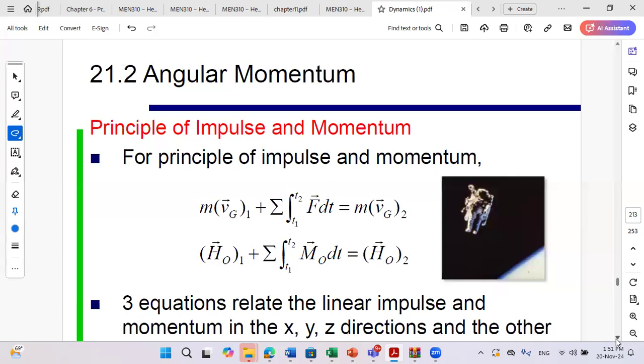And now, as usual, you can apply both the principle of linear impulse and momentum and the principle of angular impulse and momentum in order to solve problems. So you are familiar with these principles. The only thing that is new here is that instead of applying them in 2D motion, you will apply them to 3D motion, which will make the calculation of your angular momentum more challenging.